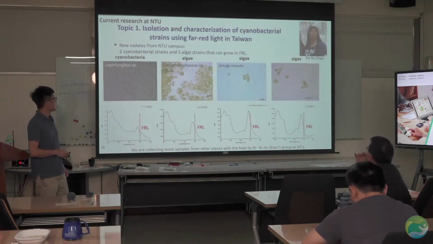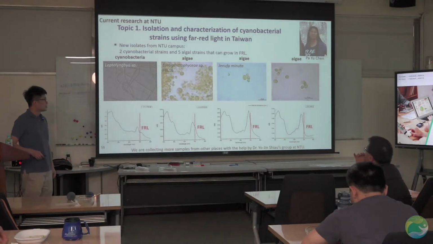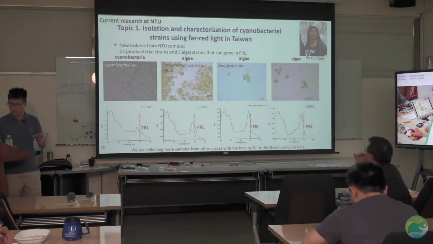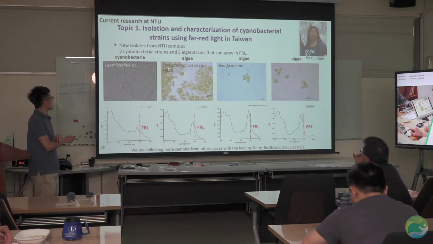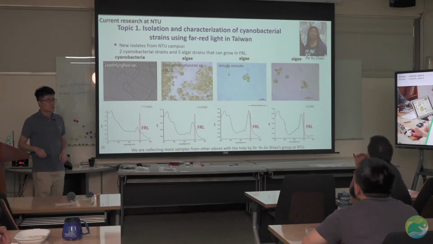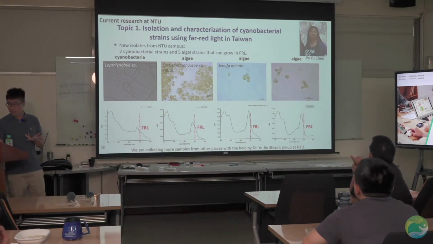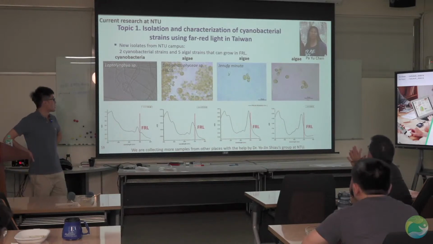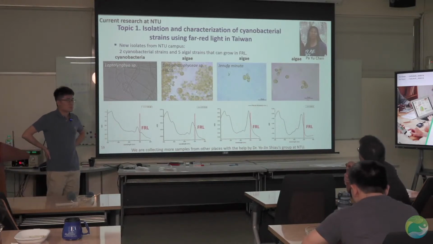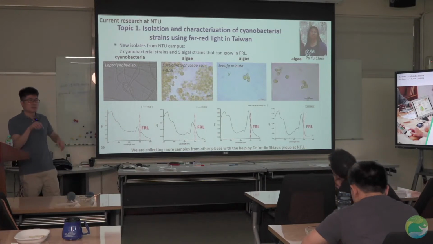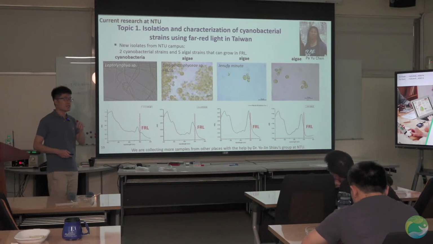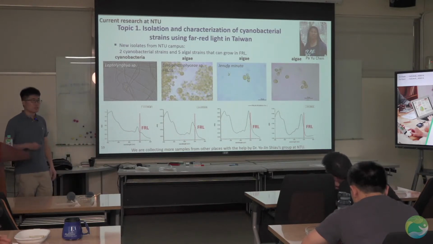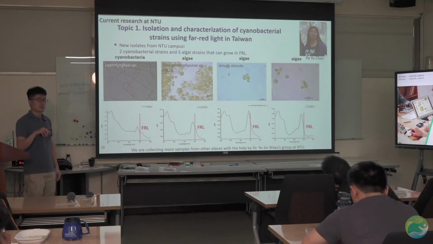Just talking in brief, at the beginning we tried to collect samples from the NTU campus and isolate the bacteria or algae that can utilize far red light for photosynthesis. What we did was collect the samples, put them in media that cyanobacteria like to grow in, and then only shine far red light on the samples.